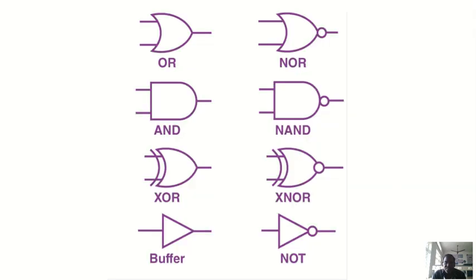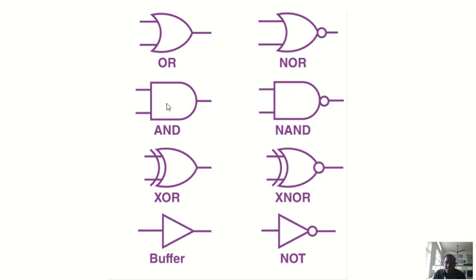Now we can see the different symbols for the gates. First is the OR gate, and this is the NOR gate. There is a small bubble at the end of the NOR gate, and that is the difference between the OR gate and NOR gate.